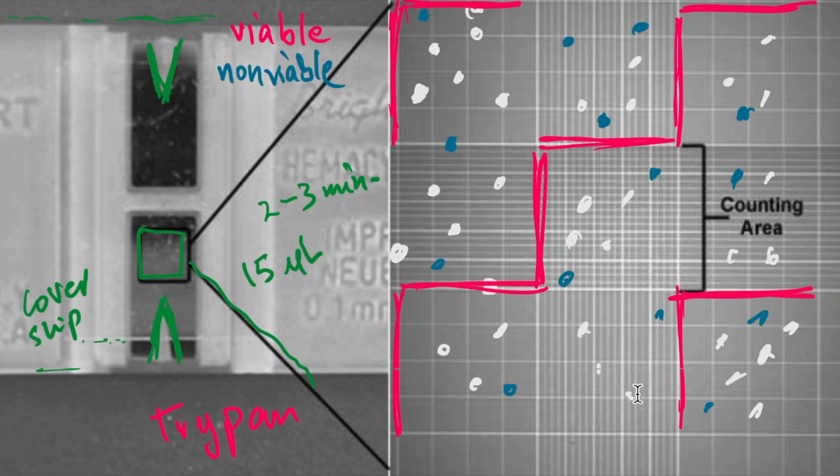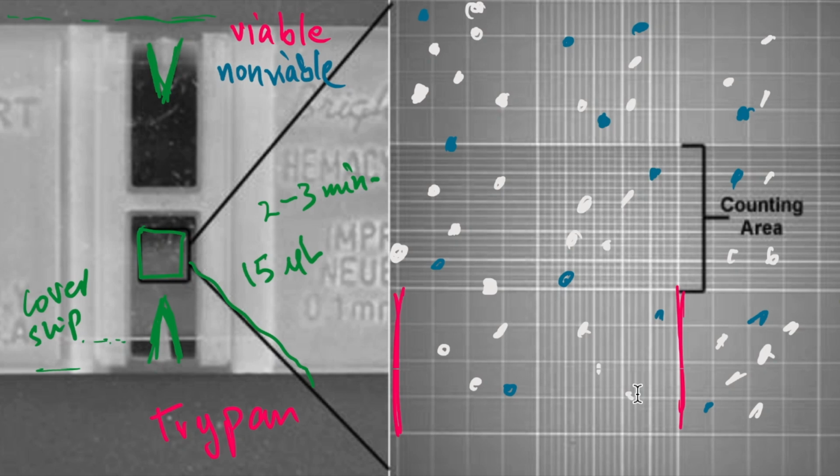Let's go ahead and count the white viable cells and the blue non-viable cells, and then build on our calculations from there. I'm going to write down the actual number of cells for each of these blocks. For this particular chamber, let's write viable and non-viable.